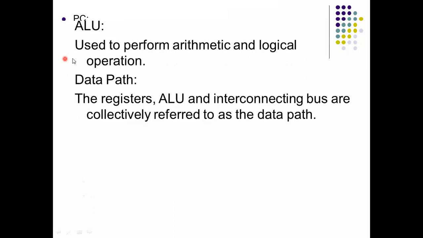The ALU is used to perform arithmetic and logical operations. Data path: the registers, ALU and interconnecting bus are collectively referred to as the data path. The direction of data flow is represented by this data path.